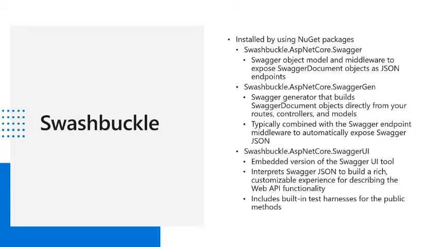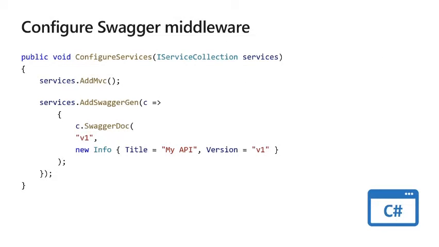So for API apps, you can easily integrate Swagger. To configure it, you just need to add it in your ConfigureServices method in your Startup. And if you have done it, I think you know it already. It's easy. Just add it in your Startup.ConfigureServices method in your collection of services.